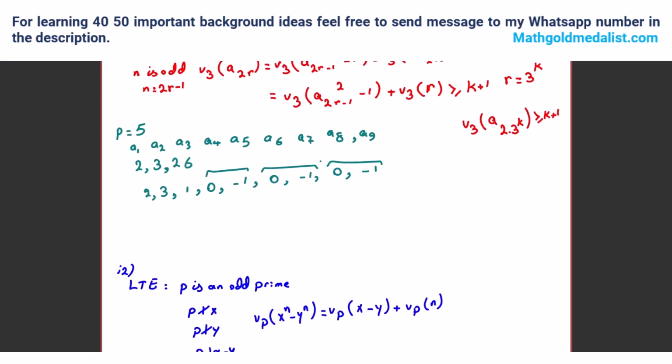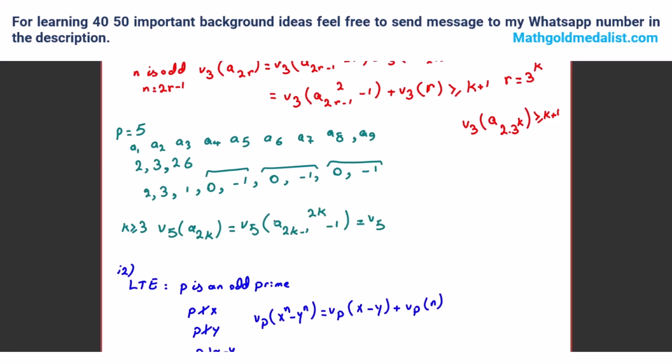Now, I know that A_2k are even-indexed terms, and they are 0. So if we want to apply LTE, v5 of A_2k is equal to what? v5 of A_2k minus 1, and suppose k is at least 3, at least 6. The previous one is negative 1, so A_2k is A_(2k-1) to the 2k minus 1.